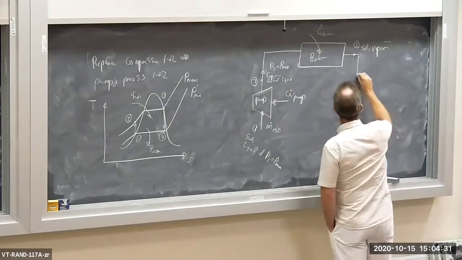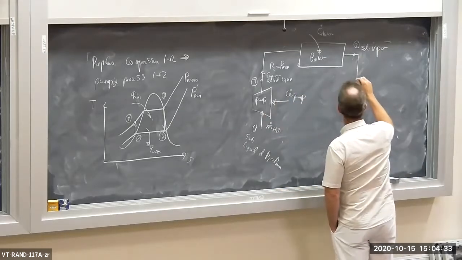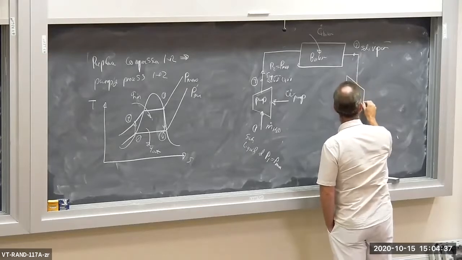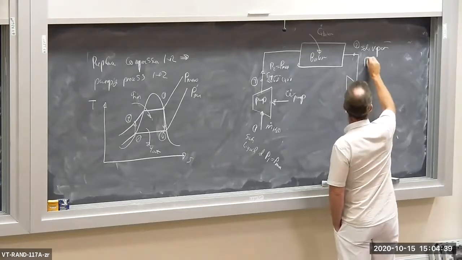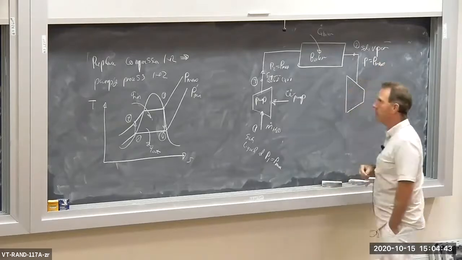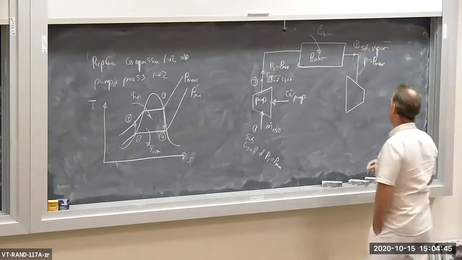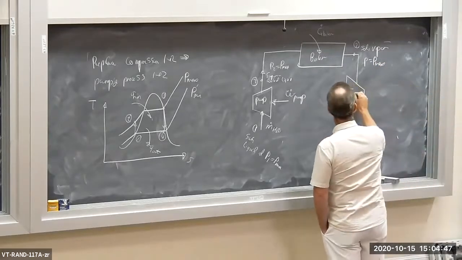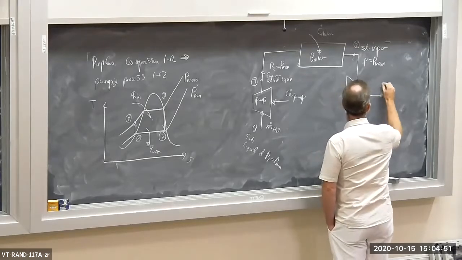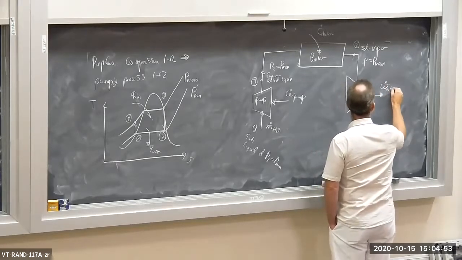And now we expand the saturated vapor down to the minimum pressure. So again, we're at P equals P max. We expand in a turbine, producing a certain net turbine work.